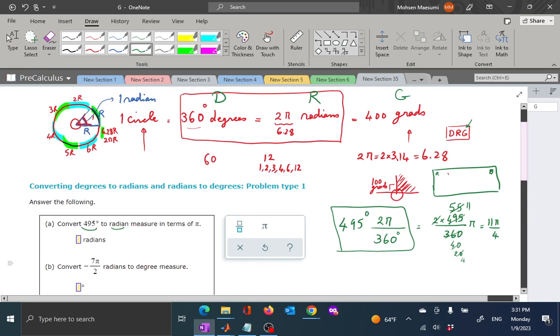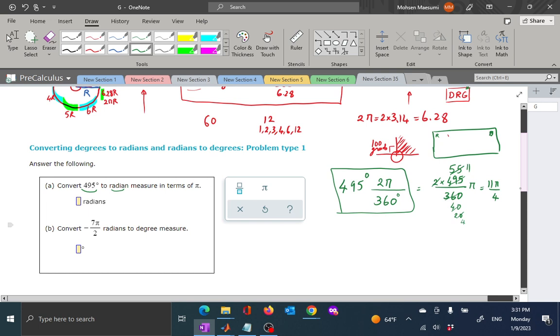How about the other type of exercise? We are going from radians to degrees. So the angle is minus 7 pi over 2. How many degrees is that? In general, what do you do? Again, you convert to circles. How many circles is that? Divide by 2 pi to see how many circles that is. Then multiply by 360 because each circle is 360 degrees.